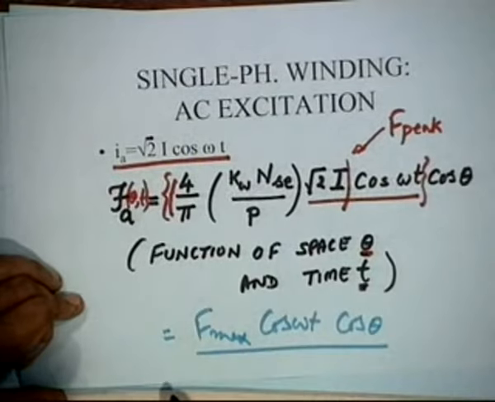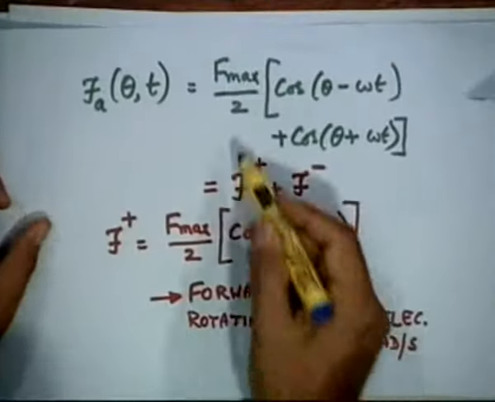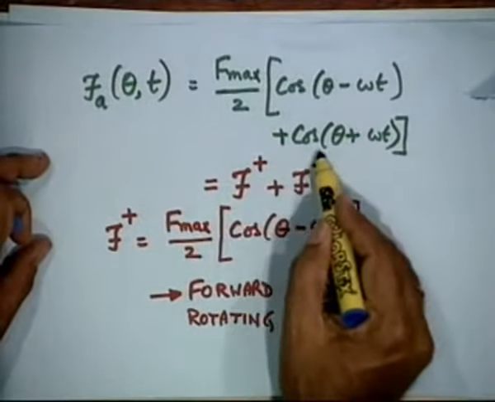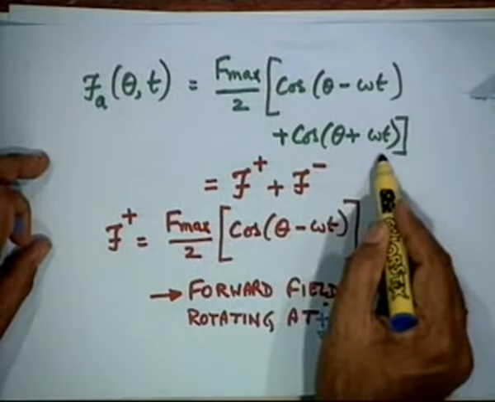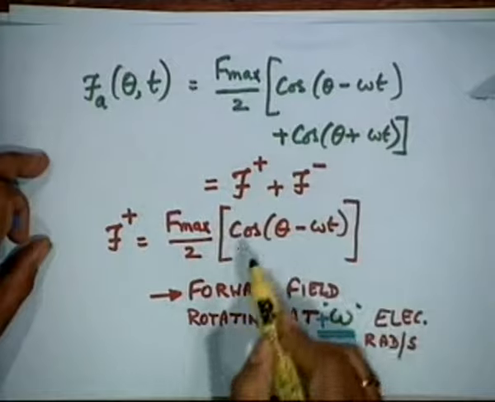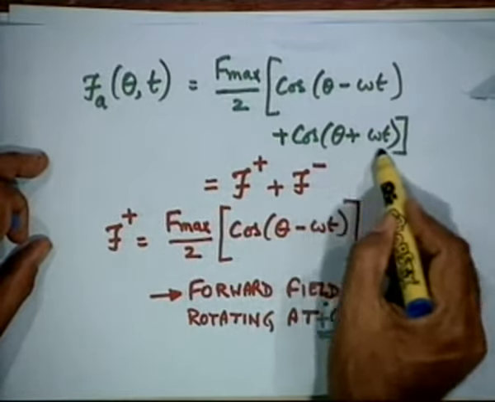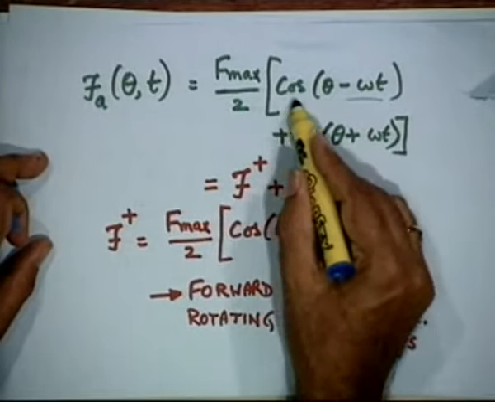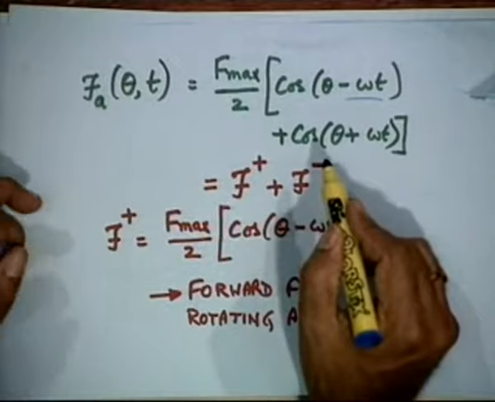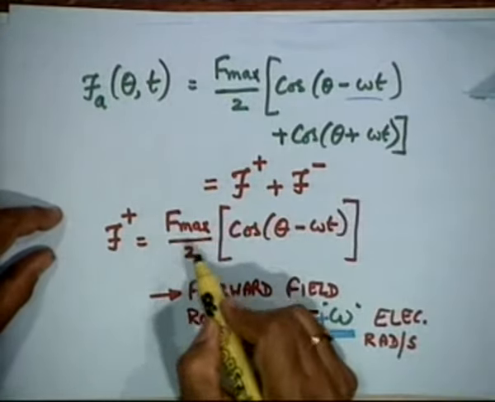This is what we have got, and that expression can be rewritten as F max by 2 cos theta minus omega t plus F max by 2 cos theta plus omega t. So I have two terms here, one is theta minus omega t, one is theta plus omega t. Cos theta minus omega t represents a forward rotating field, theta plus omega t represents a backward rotating field.